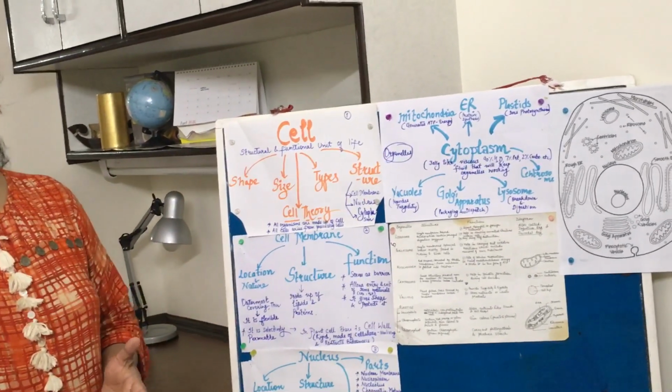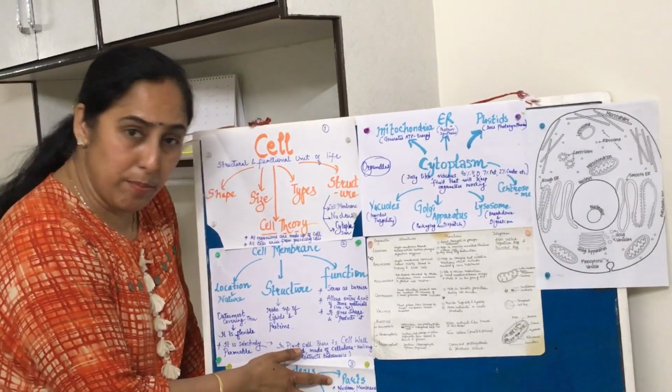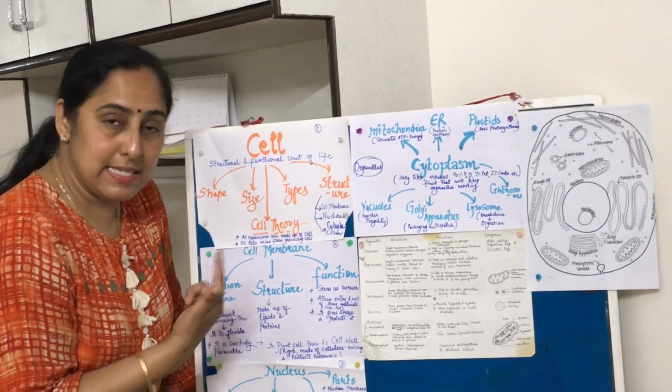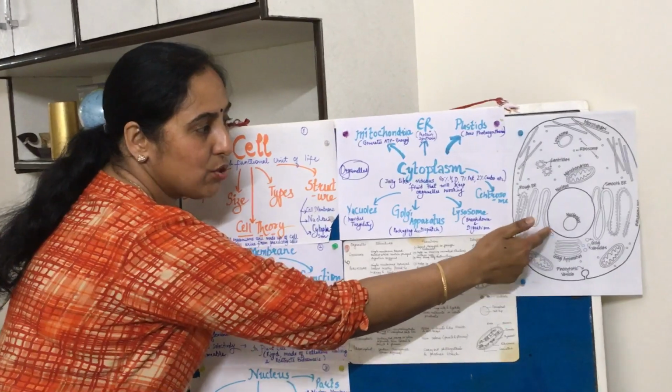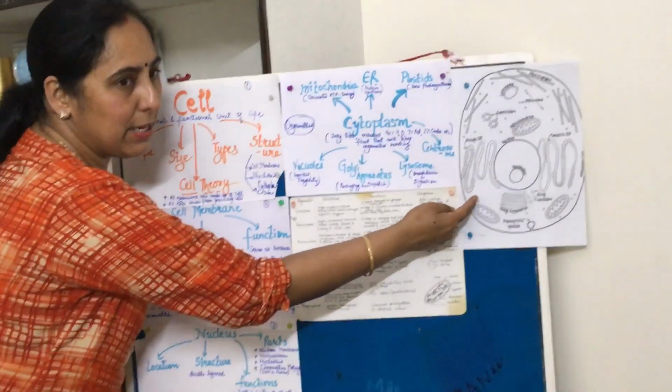It too has many parts and divisions. First, you must understand the 4 parts here. It has a membrane, it is a round structure, and this membrane differentiates the material of the nucleus from the cytoplasmic material.